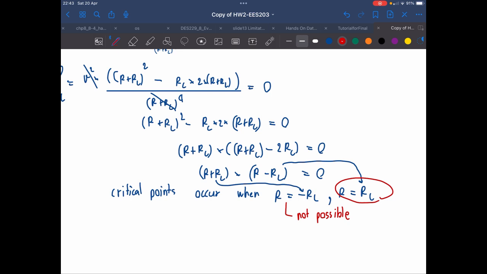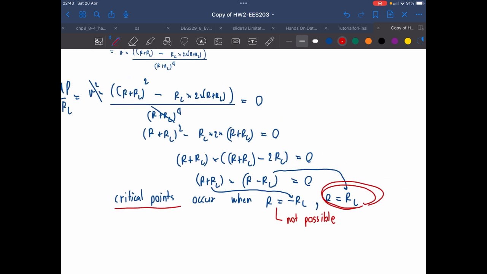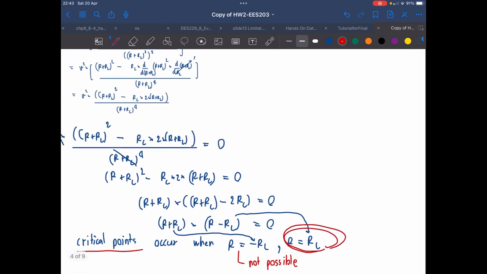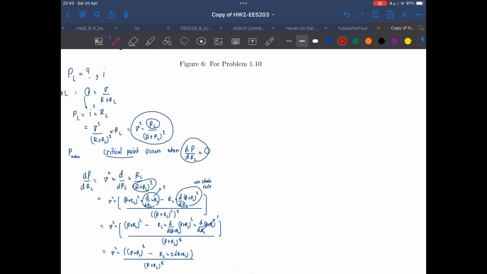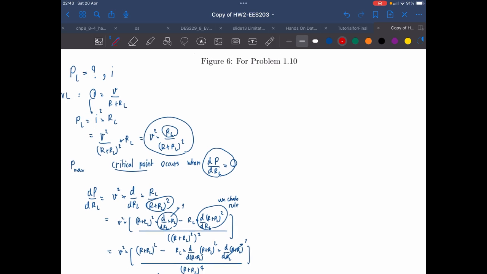Then, as we have already found the critical point and the condition itself, now let's find the maximum power occurring at the load resistance, which we have already made the equation.